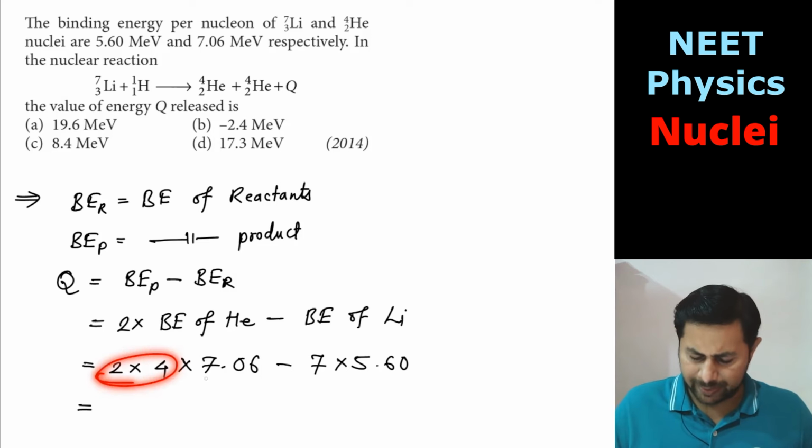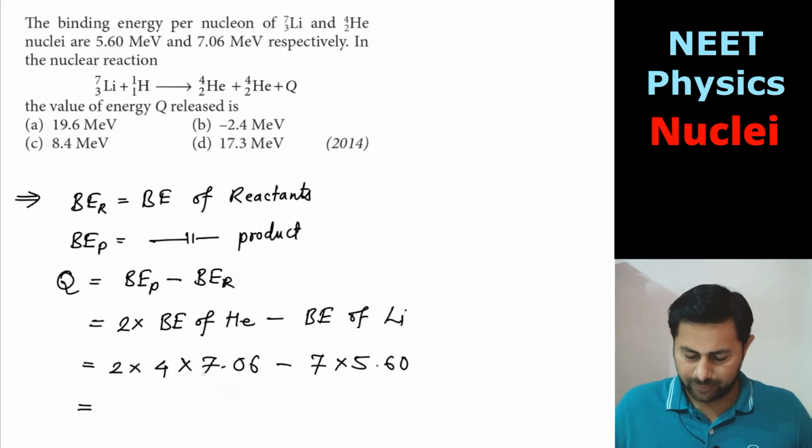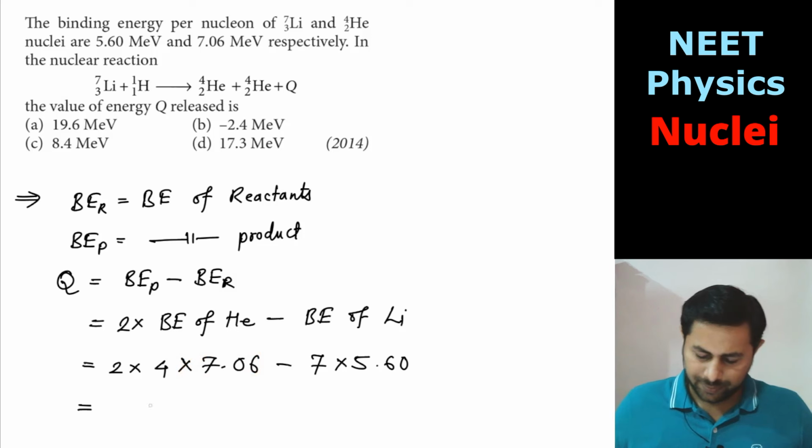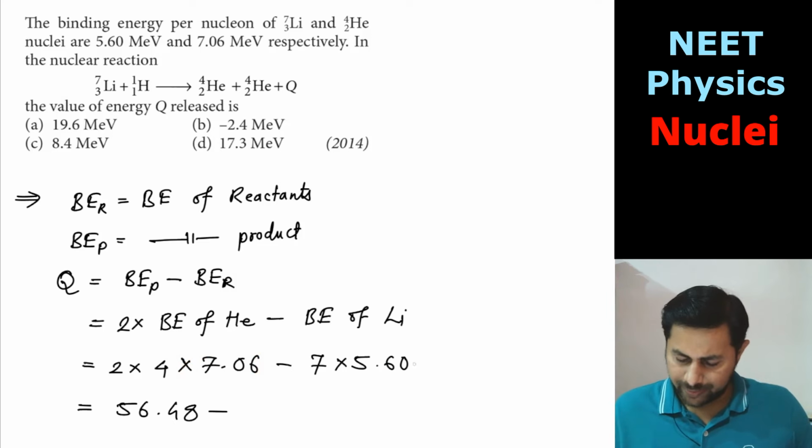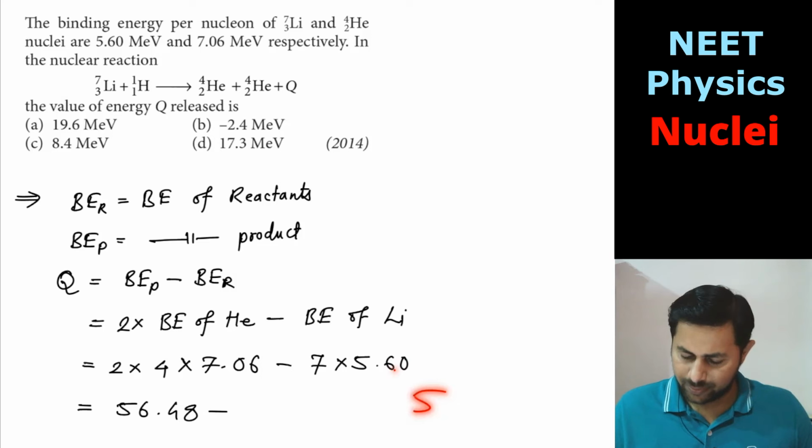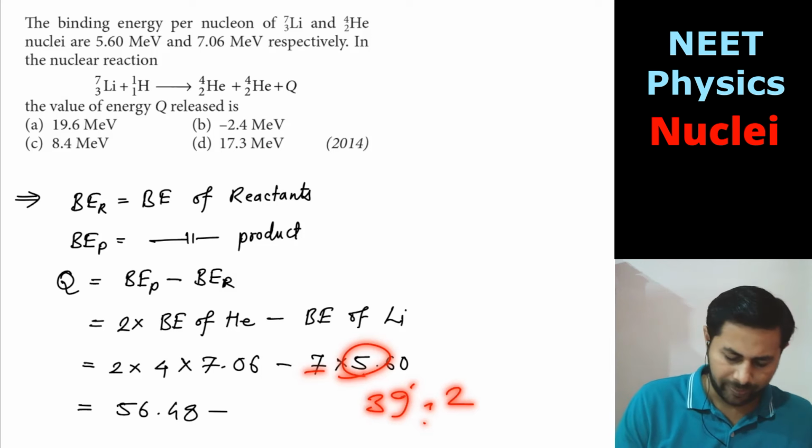So this is 8 times 7.06, which is 56.48, minus 39.2.